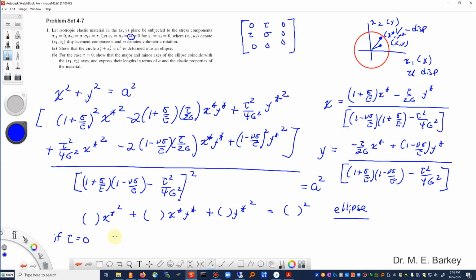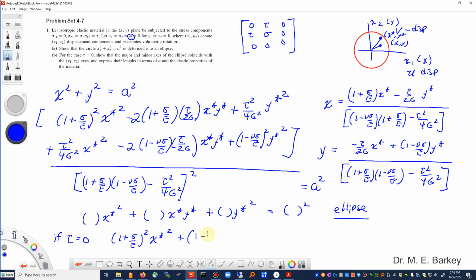All right, we're going to be left with something that looks like (1 plus sigma over E) squared x star squared. And then, let's see, this term goes away. It's got tau in it. This term goes away. This term goes away. That term goes away.